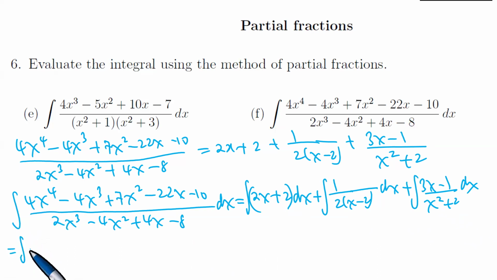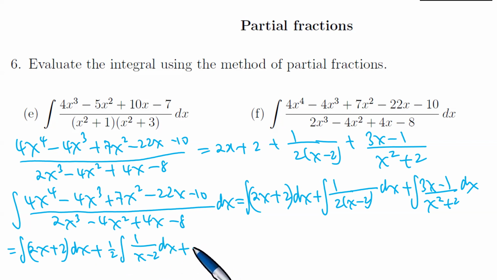So we'd have the integral of 2x plus 2 dx, which is 1 over x minus 2. Three over 2, 2x over x squared plus 2.